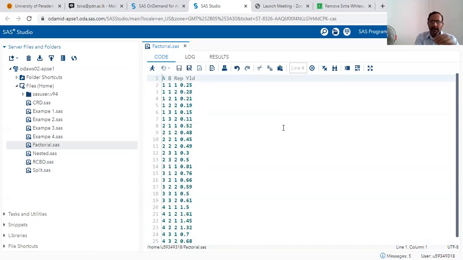Now I'm going to write down my program. Let's say it is a factorial, so I'll say data factorial.